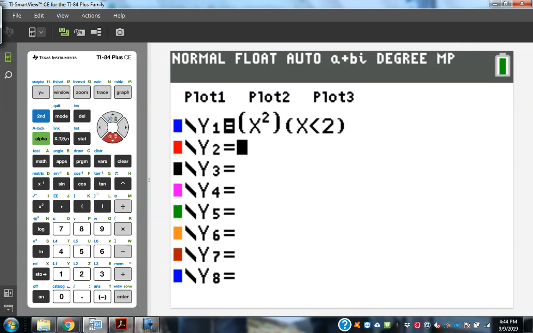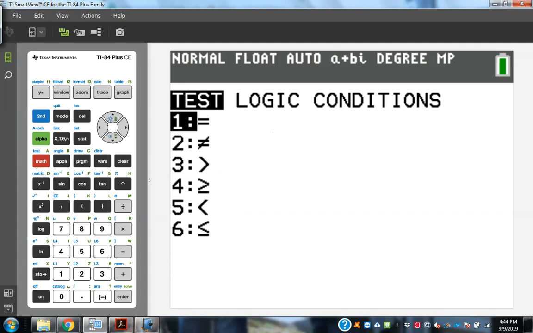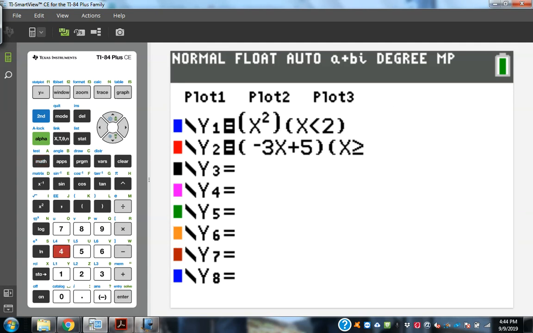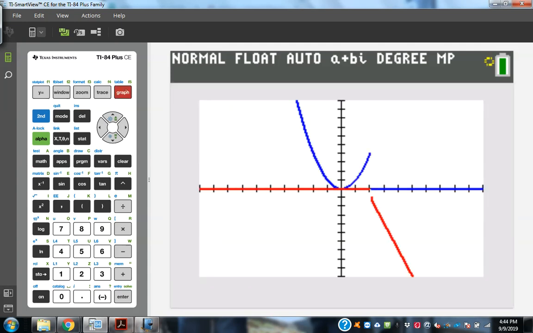And then go to the other one, parentheses, -3x plus 5, close parentheses, x, second math, greater than or equal to, which is number 4, 2, close parentheses and graph.